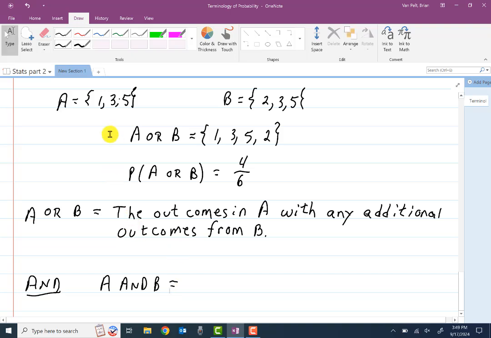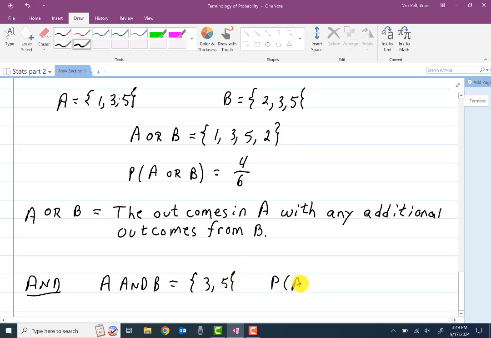So if we look here, I see that there's a 1 in A, but 1 is not in B. Now I see that there's a 3 and a 5 in A, and that there's a 3 and a 5 in B. And those are the items that they have in common. So we would write that as the answer, 3, 5.